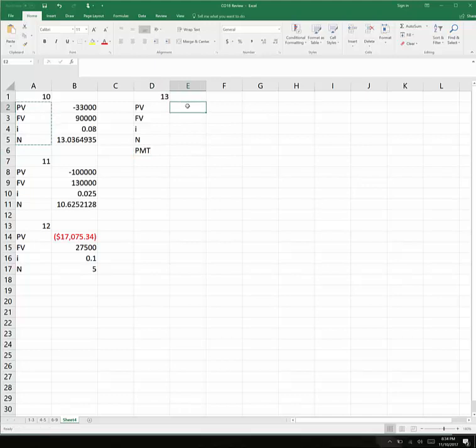For 13, you can afford to borrow, or you can afford $400 a month for 4 years. Now, here we're going to assume we have to use 48 periods because of the 4 years. We have a 4.75% interest rate, but we have to divide that by 12 because we're dealing with months here.